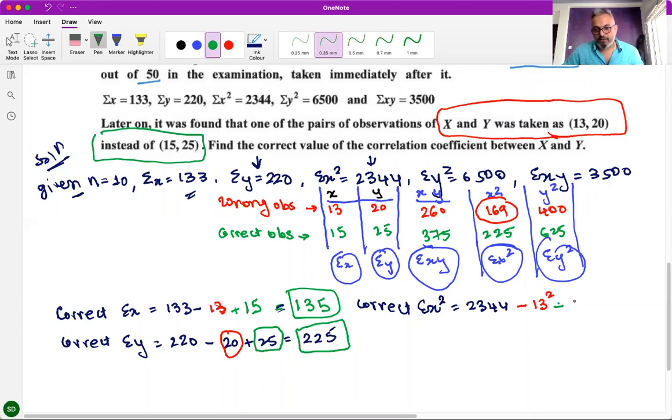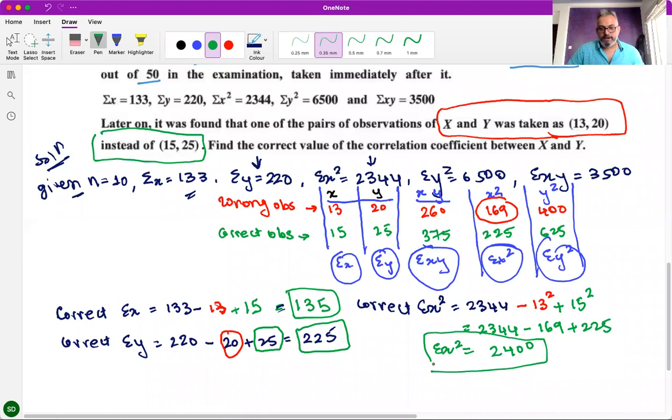Plus correct observation 15 का square, which is equal to 2344 minus 169 plus 225, which is equal to 2400. So correct sigma x square is 2400.